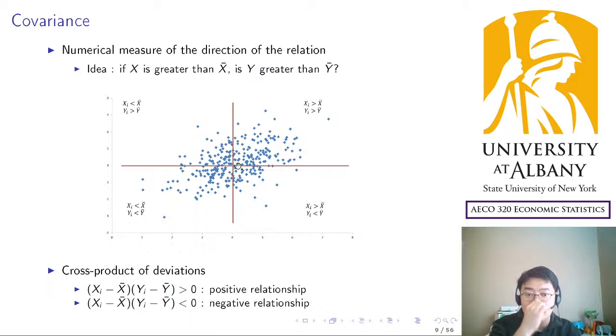So observations in the first quadrant have x increase from its mean. When x increases from its mean, the observation goes to the right, and y also increases from y bar, the mean. So when x increases from its mean, y also increases from its mean.